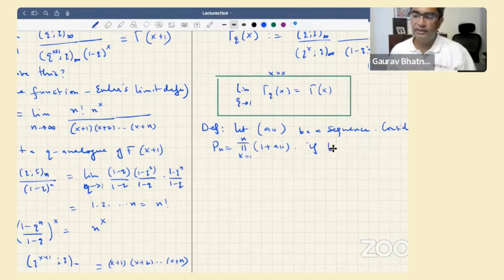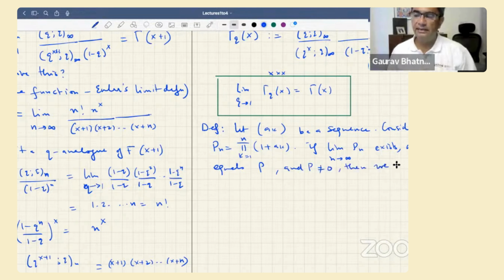If the limit as n goes to infinity of P_n exists and equals some number P, and P is not 0, then we say the product converges.